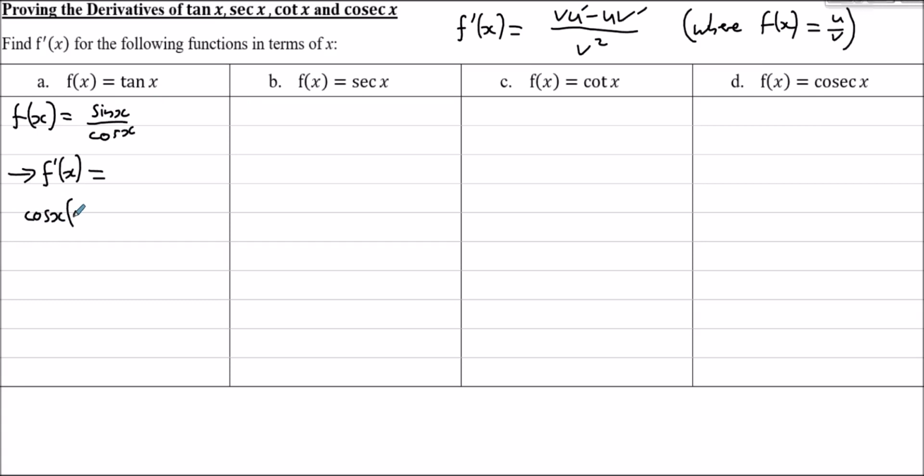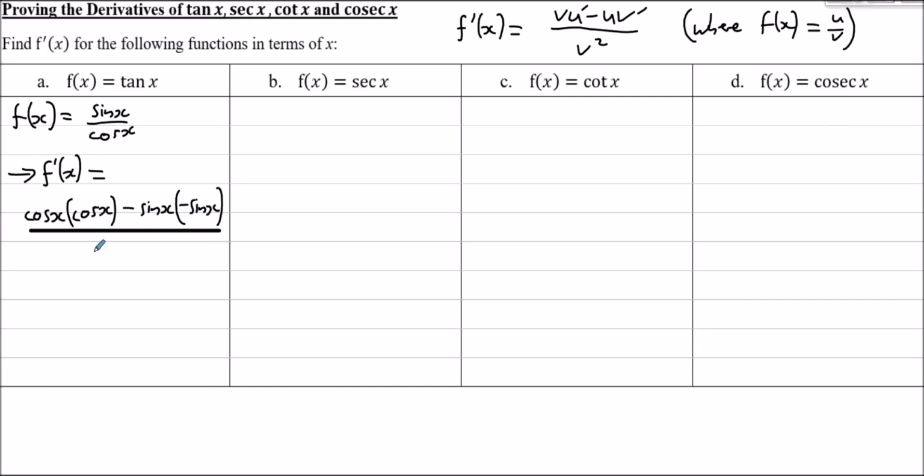Sine differentiates to cos, so we're going to have cos multiplied by cos, then minus u, the function u is the numerator, that's sine x, multiplied by the derivative of the denominator. If v is cos x, v dashed goes to minus sine x. And all of that is to be divided by the denominator squared.